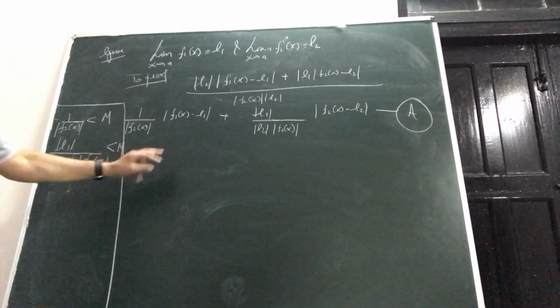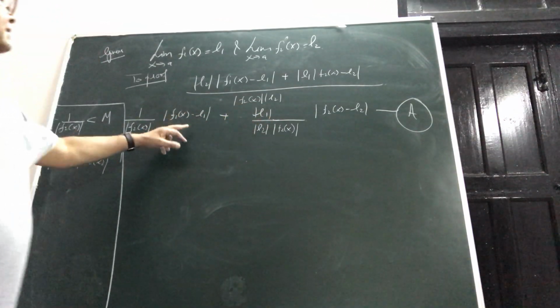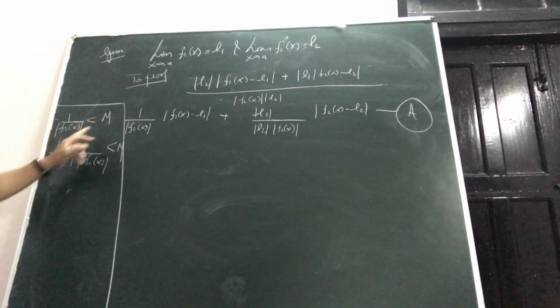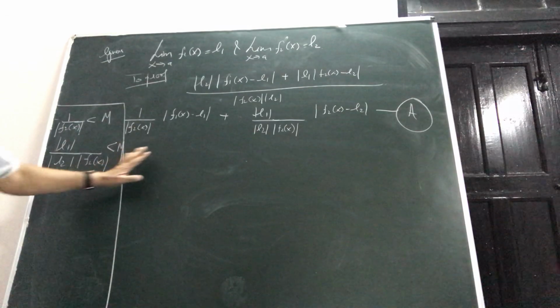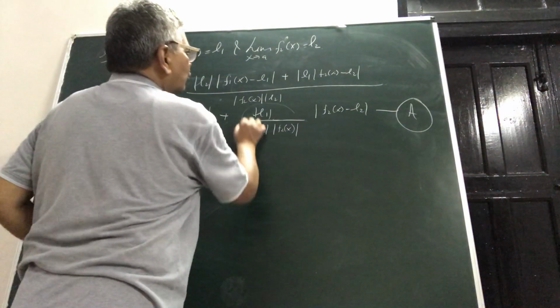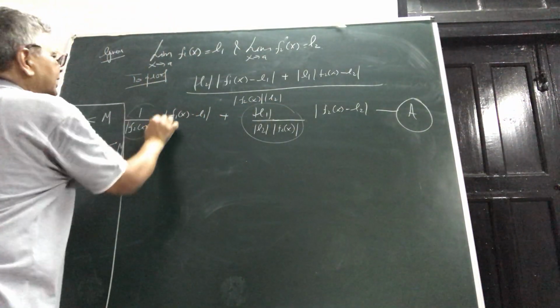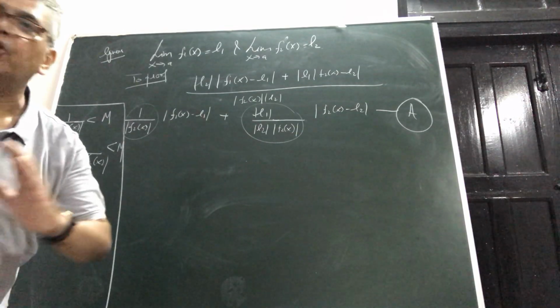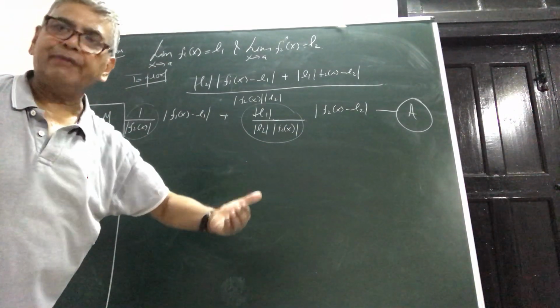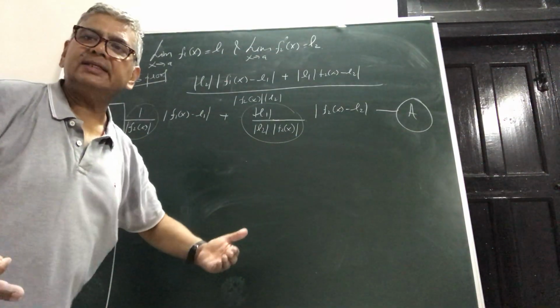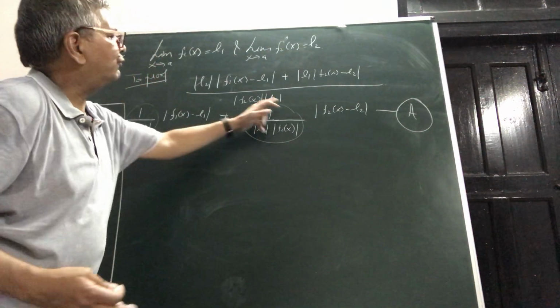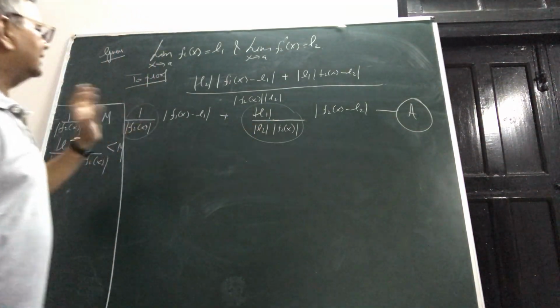See, this is important. Let these things be less than m. Let m be a number, because these are bounded functions. So let this whole quantity and this whole quantity be less than m individually, because functions are limited. So safely we can assume there does exist a positive number m such that this whole thing is less than m and this thing is less than m.